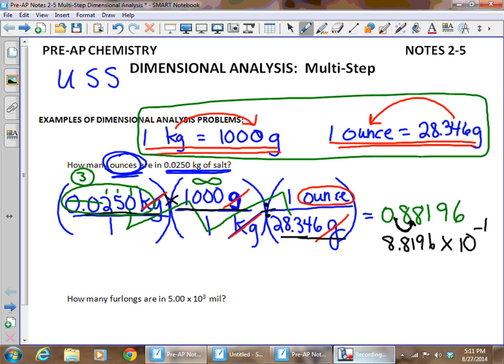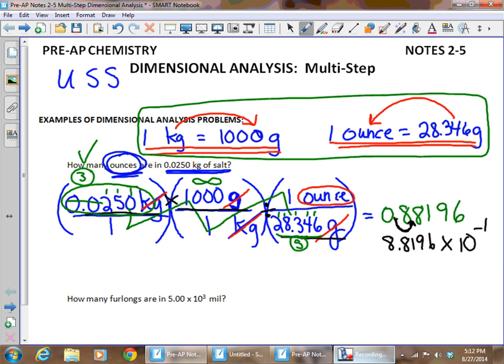If you remember our kind of shortcut rule for this bottom one, since it has a decimal value in it, it's probably a rounded number, which it is. So this is not infinite sig figs. This one actually has 1, 2, 3, 4, 5 sig figs. And since we always go with the least number of sig figs, we're going to go with 3 sig figs.